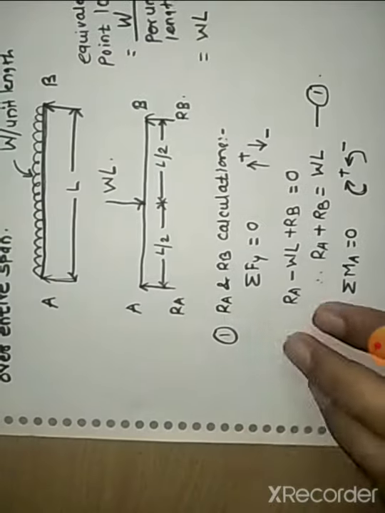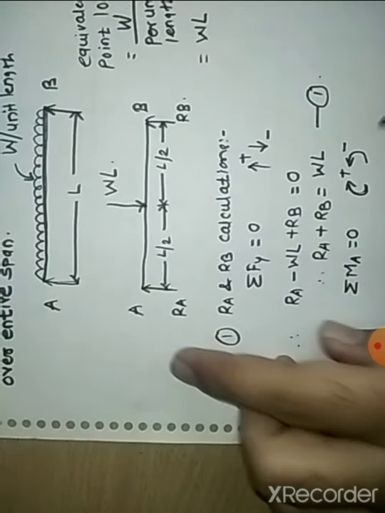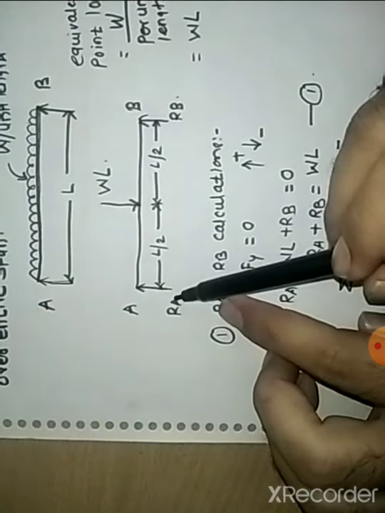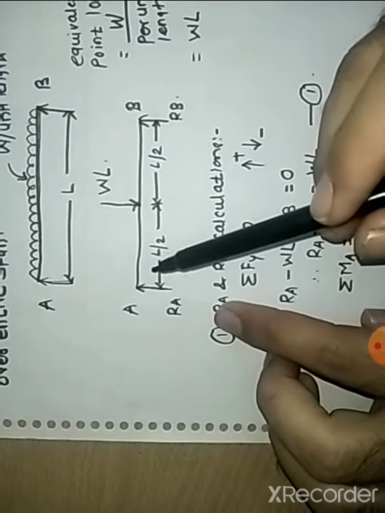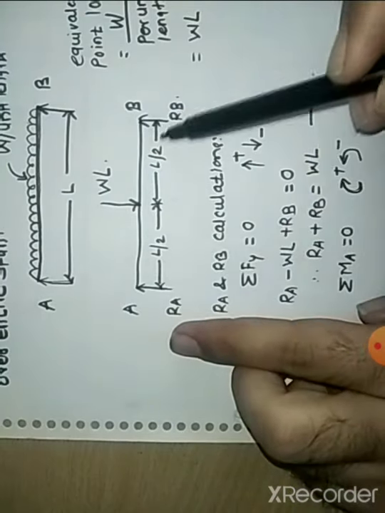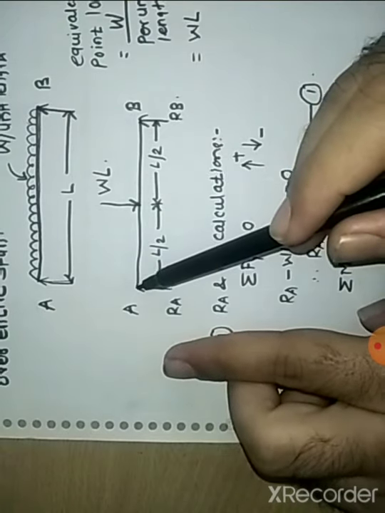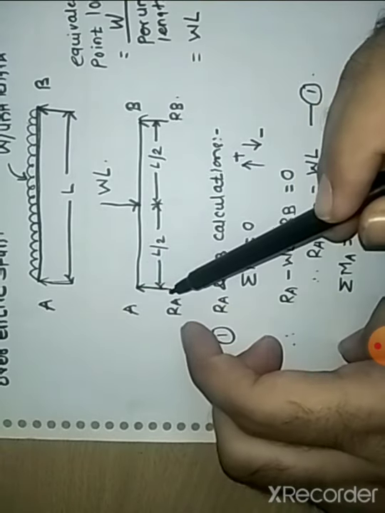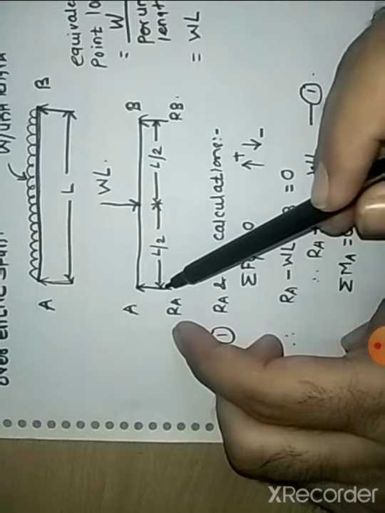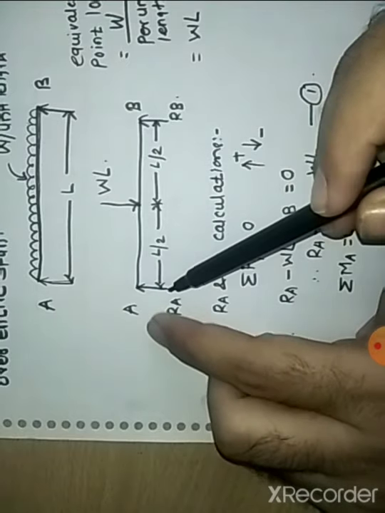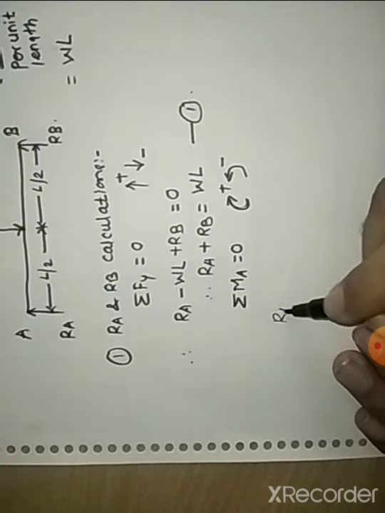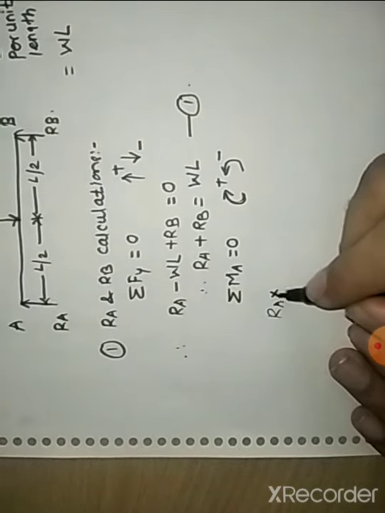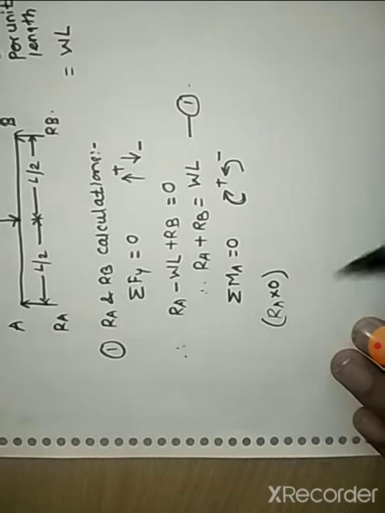At point A, the total forces are 3, and we have to calculate the moment of all these 3 forces at point A. So the moment of force RA will be 0, as RA into 0. RA is acting at point A, so there will be a 0 distance.